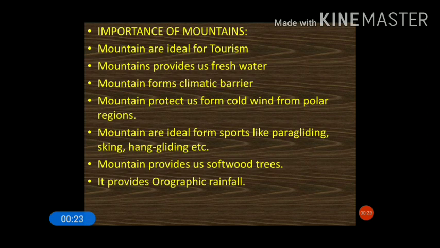As I already told you in the previous slide, the slopes of the mountains are covered by vegetation or forest, and the trees found on the slopes are softwood in nature. These softwood trees are used for manufacturing sports items like cricket bats and stumps, and many other uses. Apart from that, matchsticks are also made out of softwood trees.